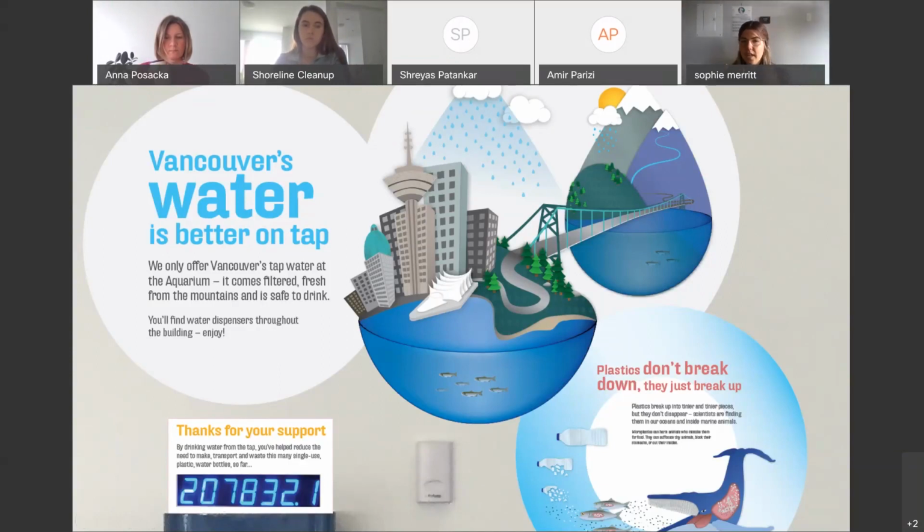So this just shows something we have in the galleries that tells us stories about this journey. And in the corner on the left bottom, you can see it's actually a refill station right there. And it's just saying that tap water is, we call it mountain juice at the aquarium, and that for the same price you can buy a reusable bottle in our gift shop, and you can have that forever and use our tap water.